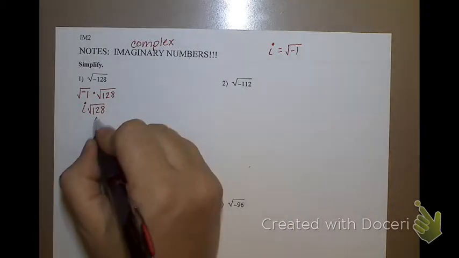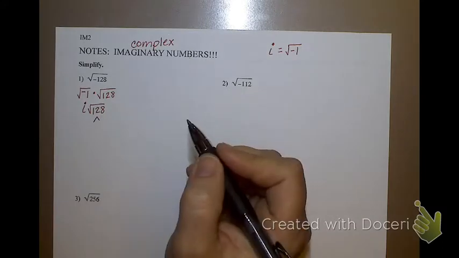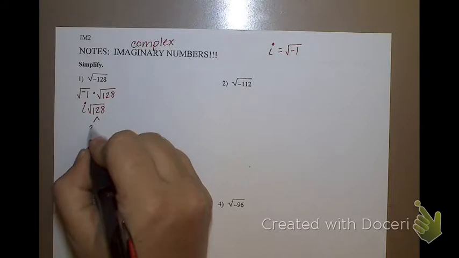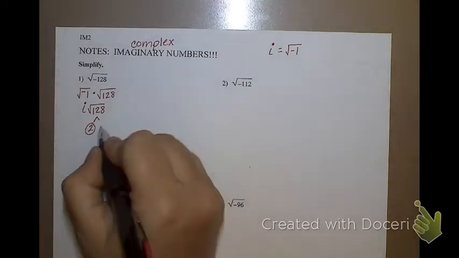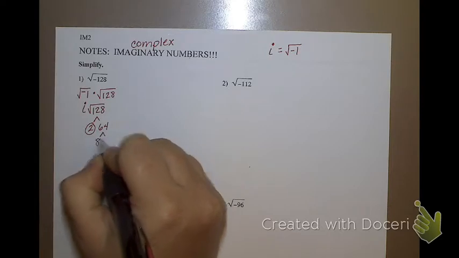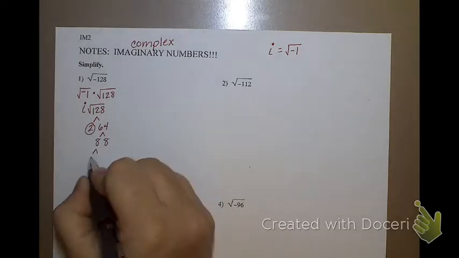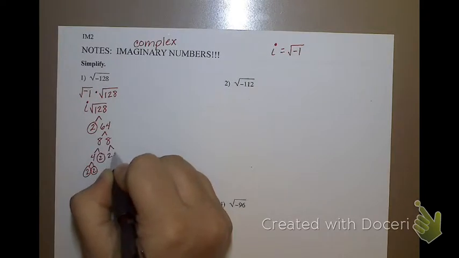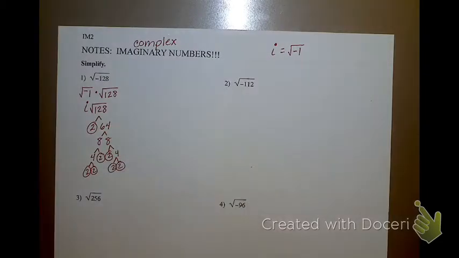And then I can draw a tree for 128 like I did yesterday. So let's see. 128, it's even, so I know it's 2 times something. I think it's 64. 64 is 8 and 8, 4 and 2, 2 and 2. Holy moly, there's a lot of 2s. So this is what you were doing yesterday, right?